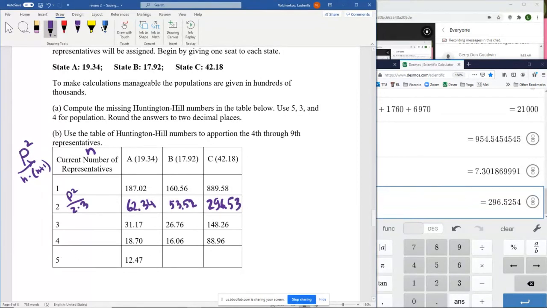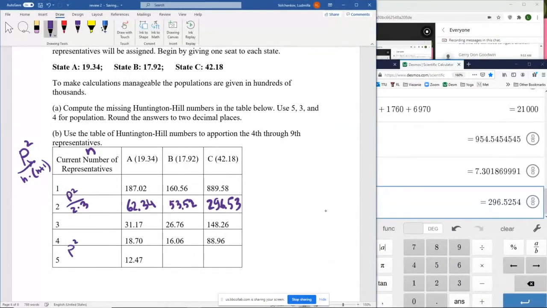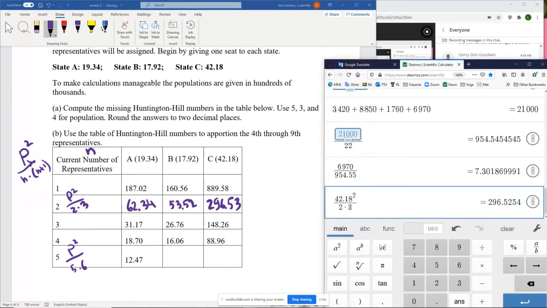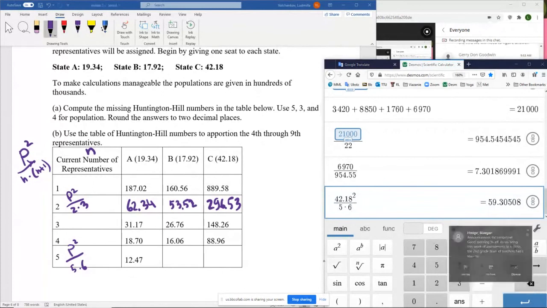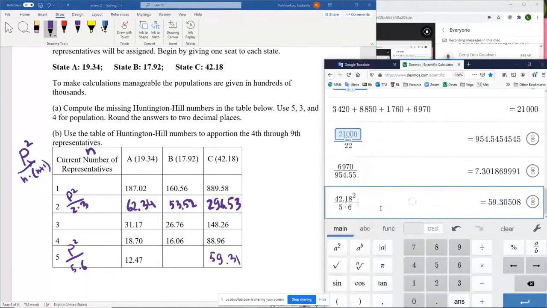Okay, and let us just for more training find the Huntington-Hill number for the last line. So it will be population squared divided by present apportionment 5 times future apportionment 6. Okay, for C, we will have 5 times 6, 42.18 squared divided by 5 and 6, 59.31.